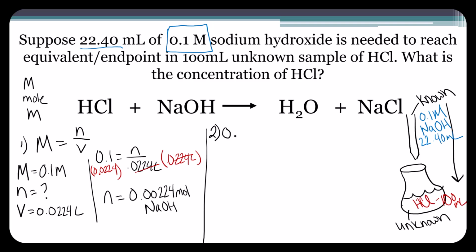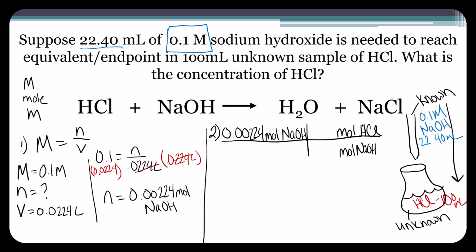So I'm going to start with 0.00224 moles of sodium hydroxide. And I'm going to train track it this step because I'm changing units from moles of sodium hydroxide to moles of my unknown, which in this case is HCl.